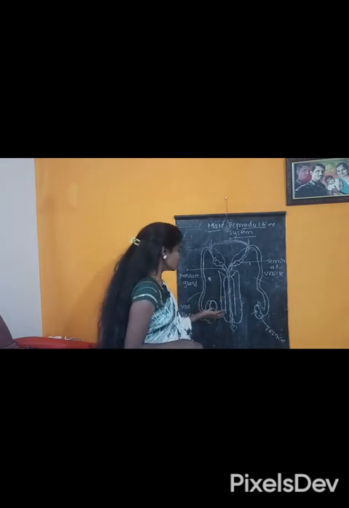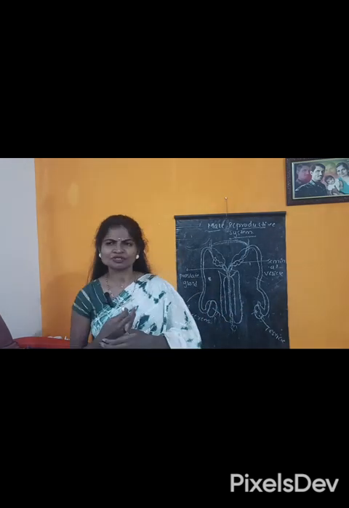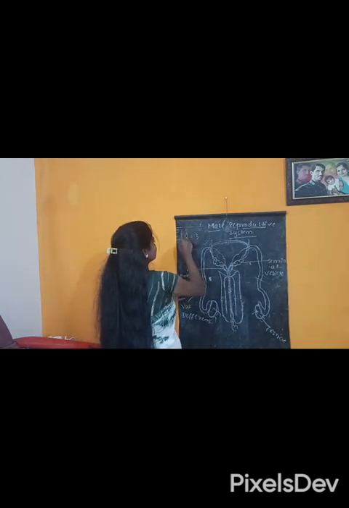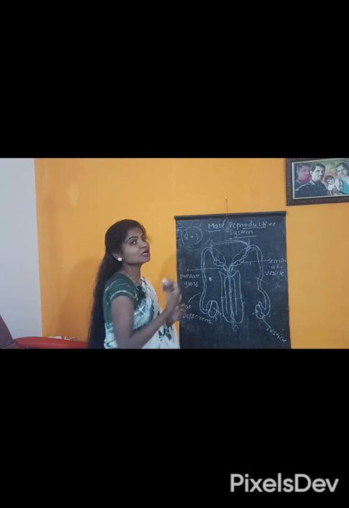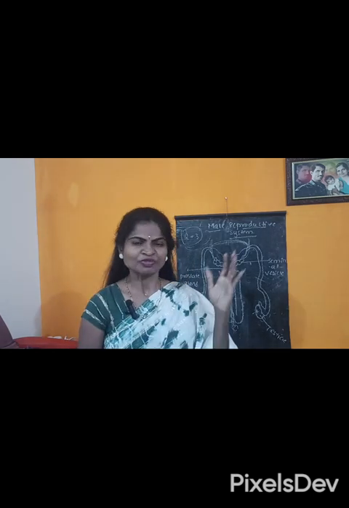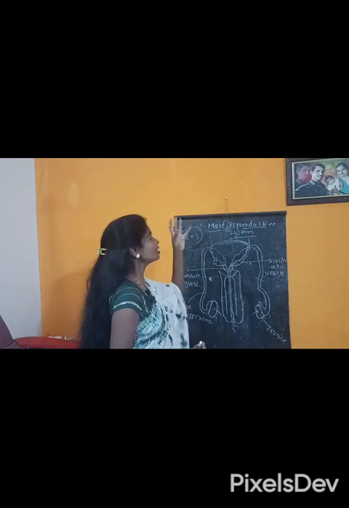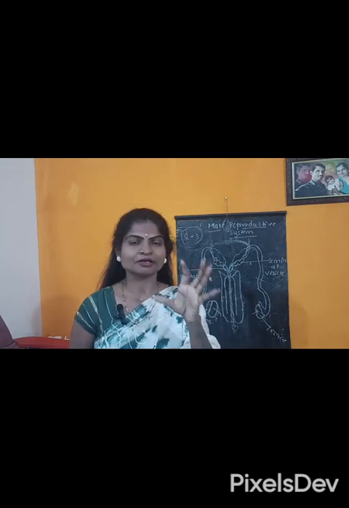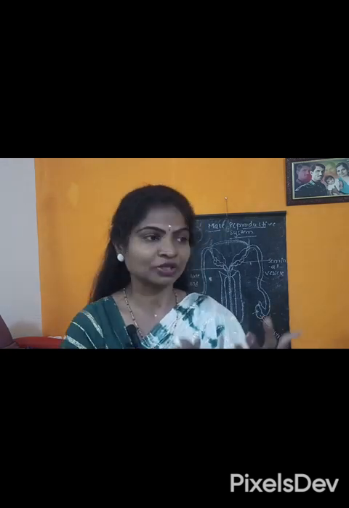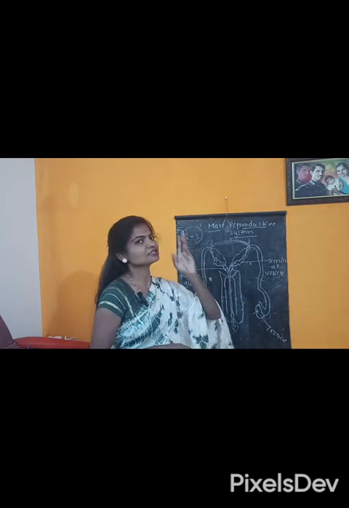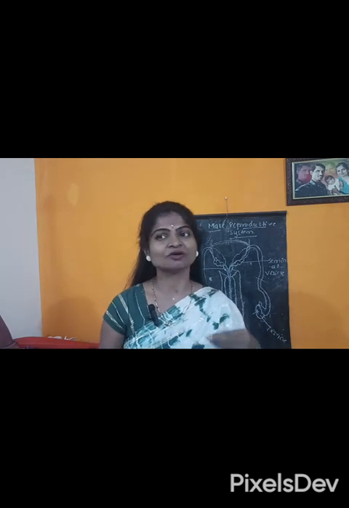Because the temperature of the testes or scrotum is low, about 2 to 3 degrees centigrade lower than the body. This temperature is very helpful for the survival of the sperms. The survival rate of the sperms is very high at this temperature. Hence, the testes are located in the scrotum, outside the body.